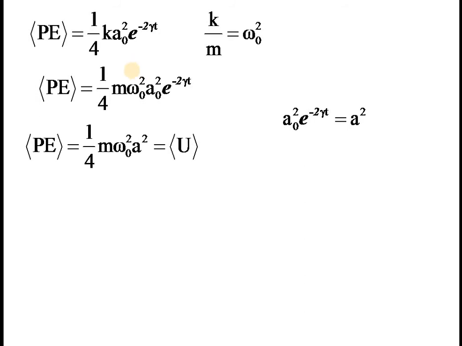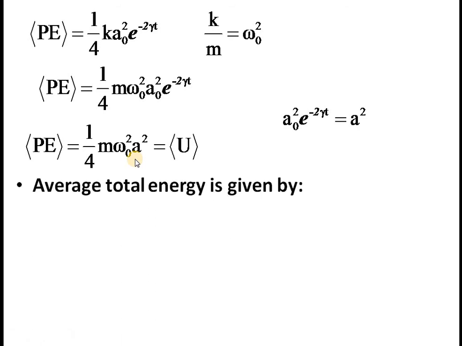So the potential energy is now given as 1 by 4 m omega 0 square a square, and the total average energy will be the average of kinetic plus the average of potential.